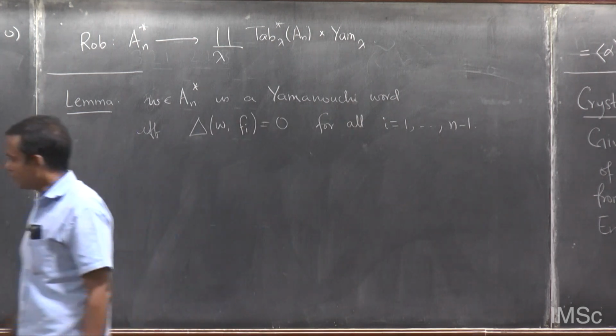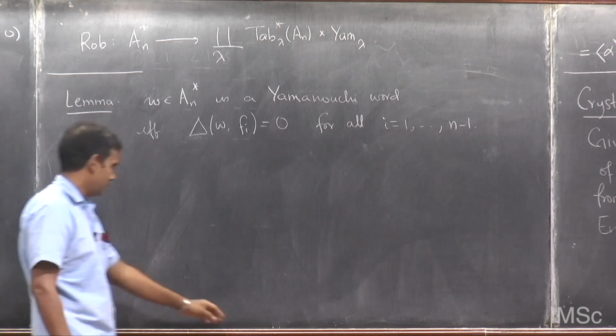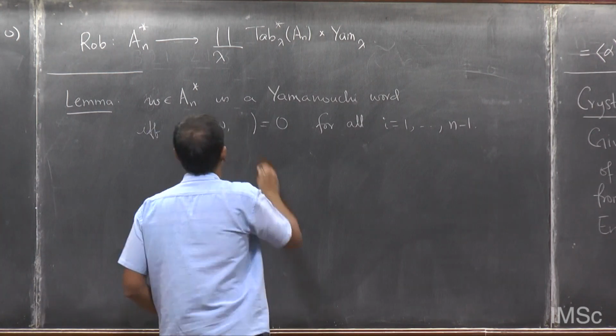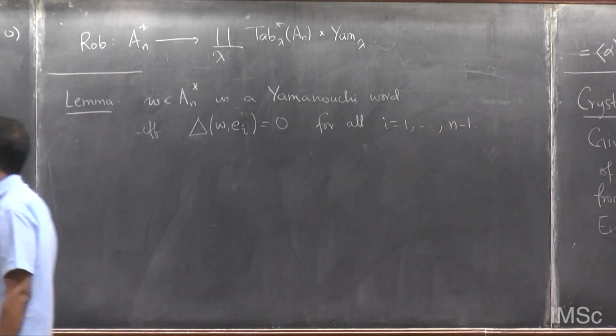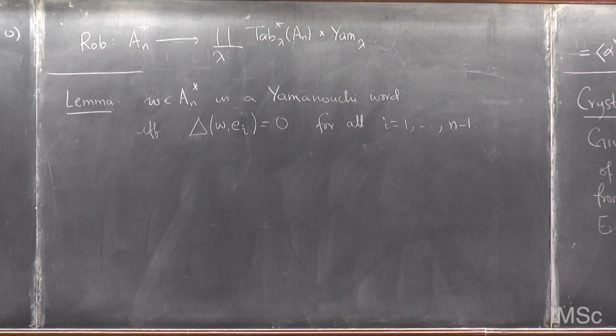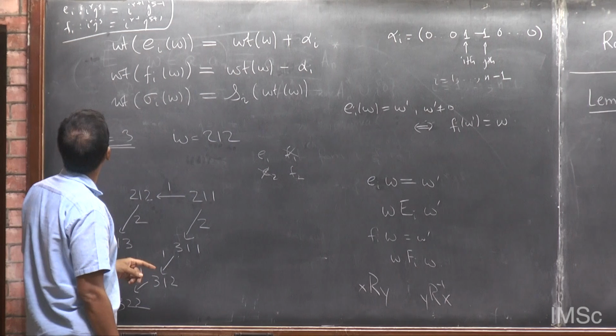So in this crystal, where's the Yamanouchi word? It's this one. I could not apply any e_i to this word. So why is this the case? This is fairly straightforward.